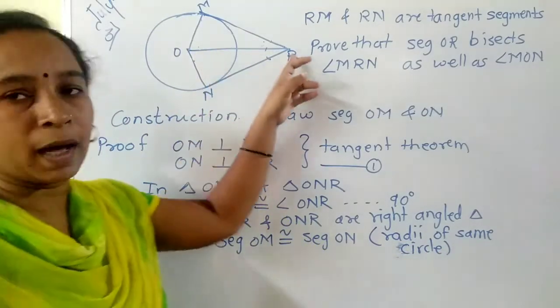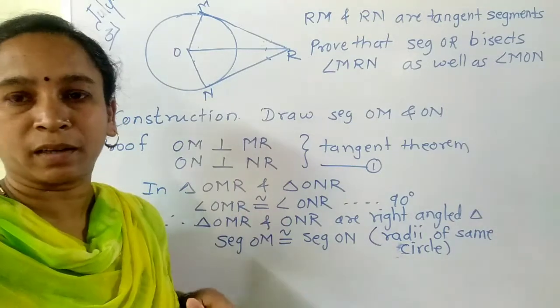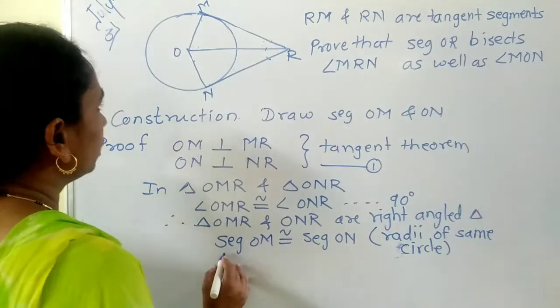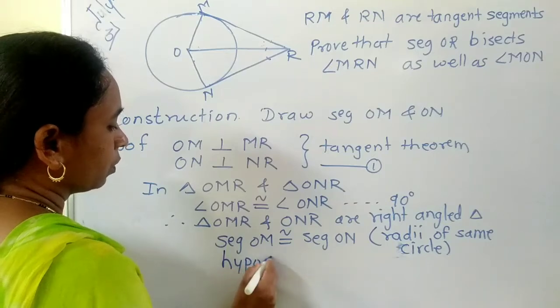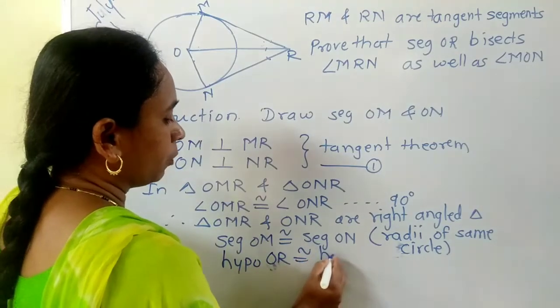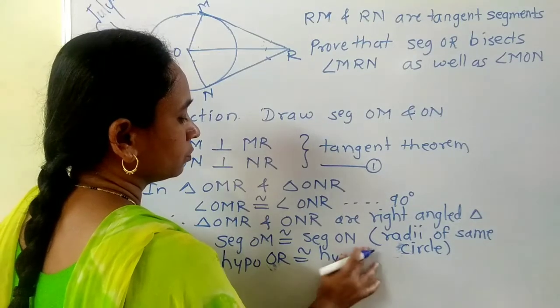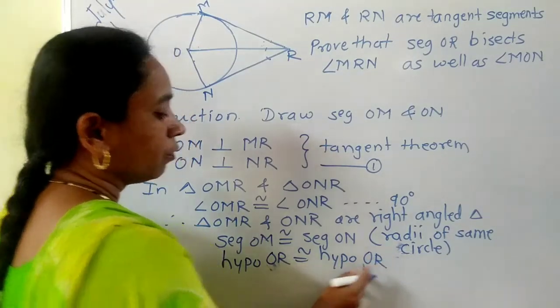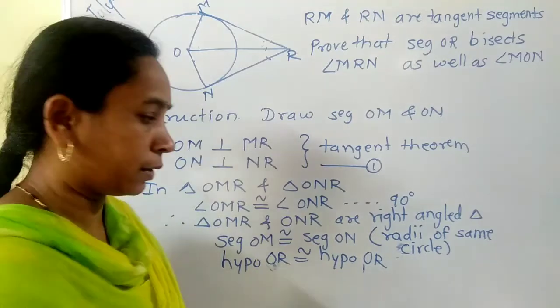Similarly, this OR is a common side for both the triangles and it is a hypotenuse. So here hypotenuse OR is congruent with hypotenuse OR. Why? Because this is the common side.